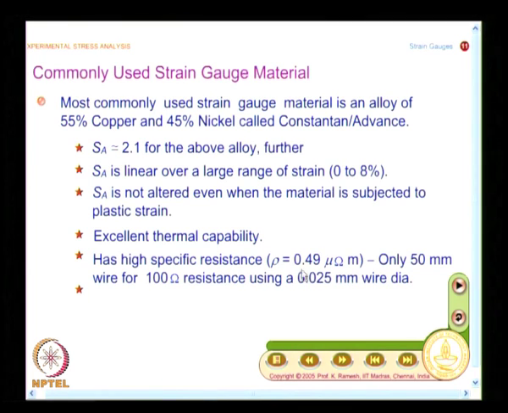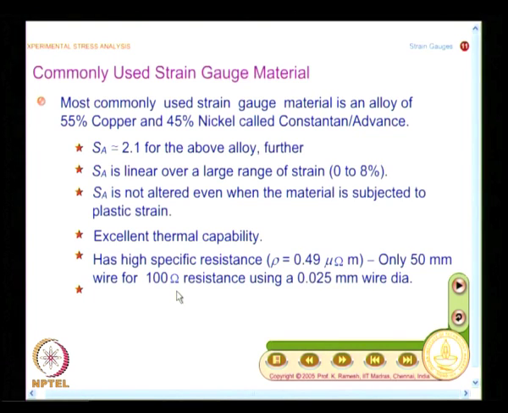Rho is given as 0.49 micro ohm meter, and resistance is given by rho L by A. So, you will also have to bring in the area of cross section, and this says that 50 millimeter wire is enough for getting a 100 ohm resistance because of its high specific resistance, and we have already seen that even in that small strain gauge which we saw, we had at least 12 loops.